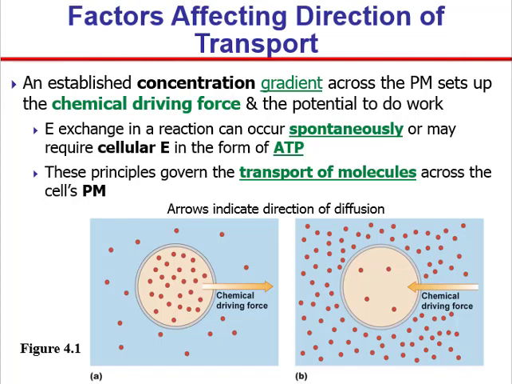Once you've drawn your cell on your paper, plug in the numbers for sodium, potassium, magnesium, and calcium, and then draw an arrow, just like you see here in figure 4.1, towards the area of low concentration. This arrow indicates natural tendencies for diffusion. The arrow tells you which direction the movement of the molecules are going to go.